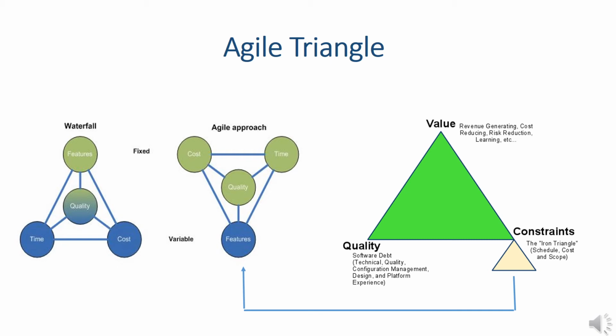If you are producing a very high-end kind of feature which gives a delightful experience to the end user, that means it's a high valued feature. So value in the Agile Triangle is your end user delight, and that is the ultimate goal of any Agile project, to give end user delight.